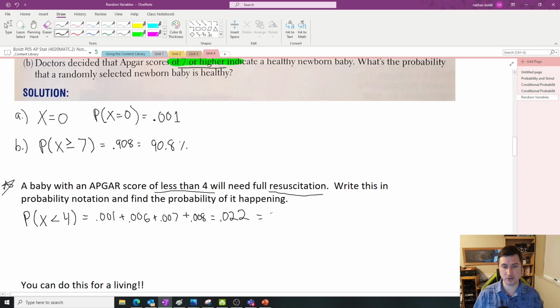So that is a 2.2% chance that a randomly picked baby will need full resuscitation. Full resuscitation. Not too bad, I'm hoping.